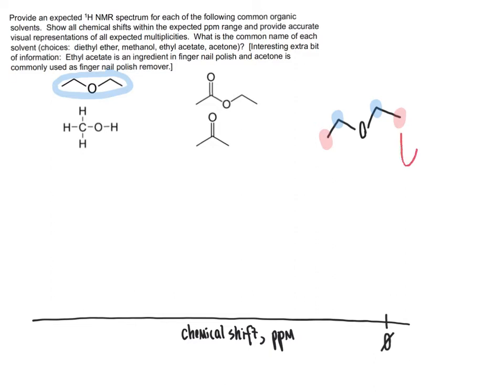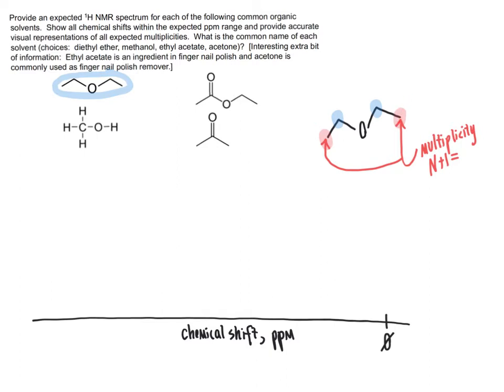So for the methyl groups, the multiplicity of those we can calculate using the n+1 rule, where n is the number of vicinal hydrogens. We pick one of those protons and count how many protons are vicinal to it, how many protons are on the adjacent carbon. So we'll take this proton right here at the right-hand end.